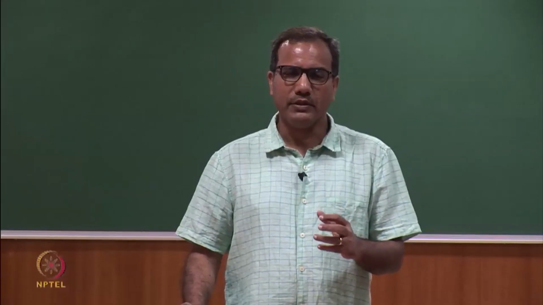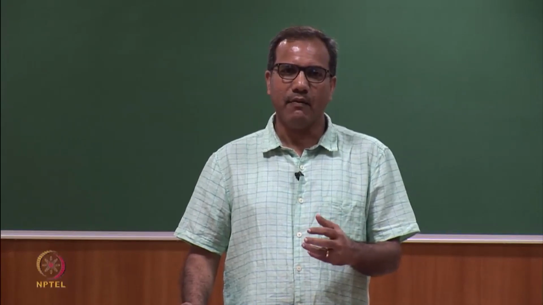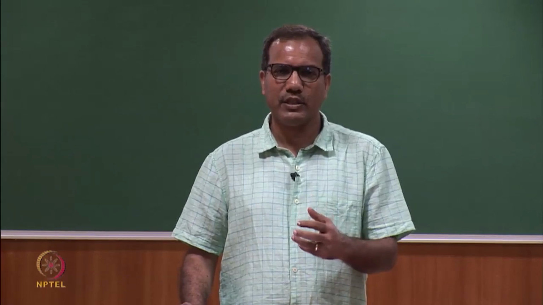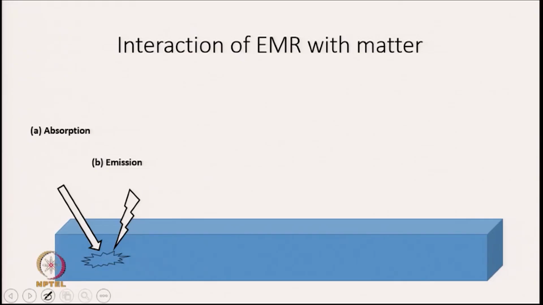After absorption, the material can re-emit the electromagnetic radiation, and this process is called emission. The second thing which can happen is that once a part of light gets absorbed, the rest of it will get transmitted.